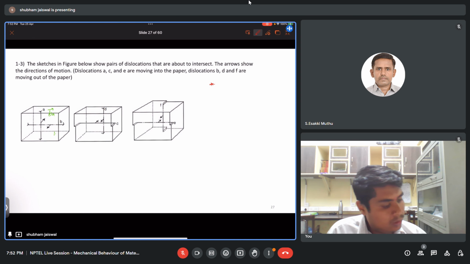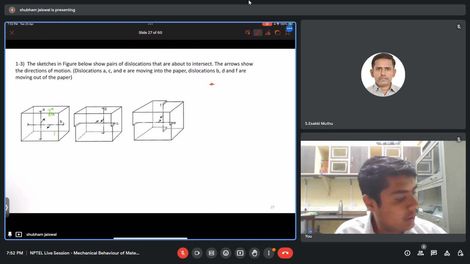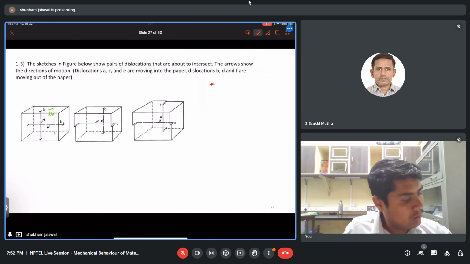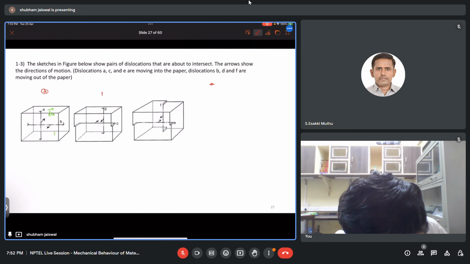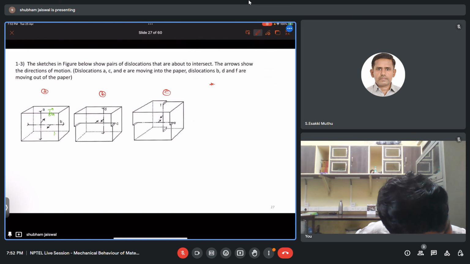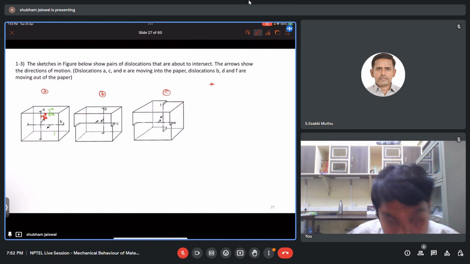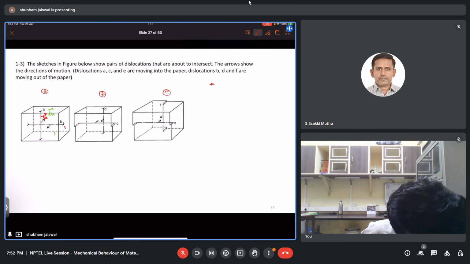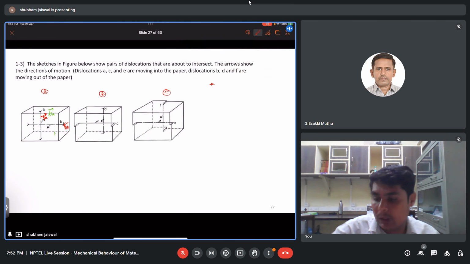Okay, so let's see here. Let's consider this is case A, B, and C. They are saying dislocations A and C are moving into the paper. So this will be the direction of the Burgers vector of A, meaning it's going inside the paper, whereas B is coming out of the paper, so this will be the direction of the B vector.